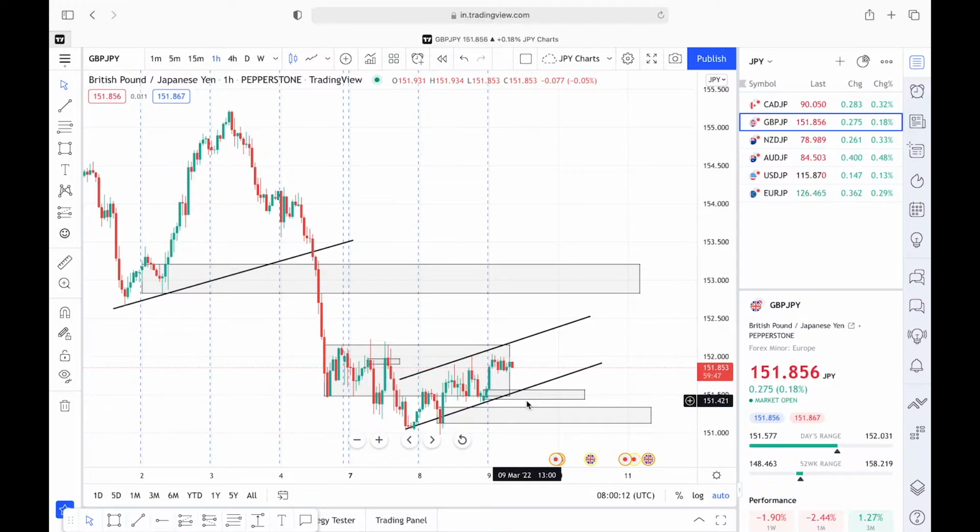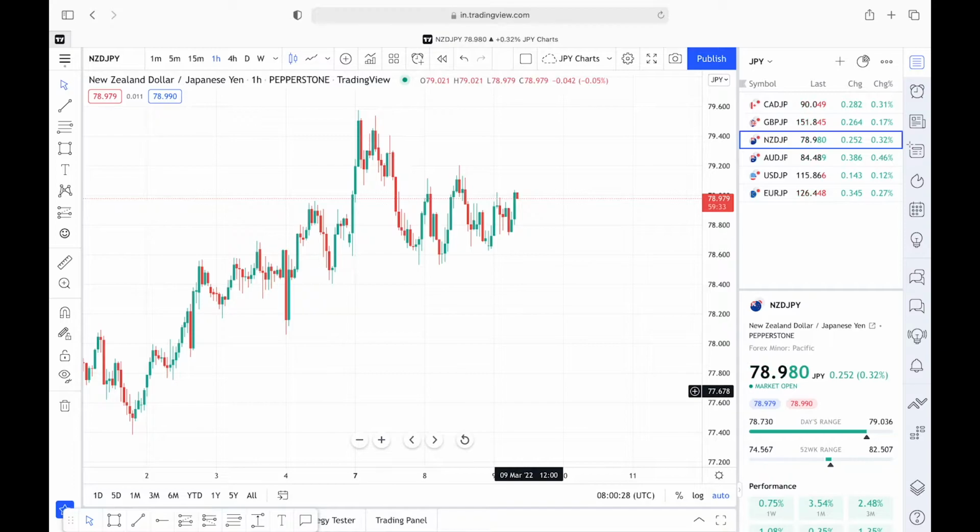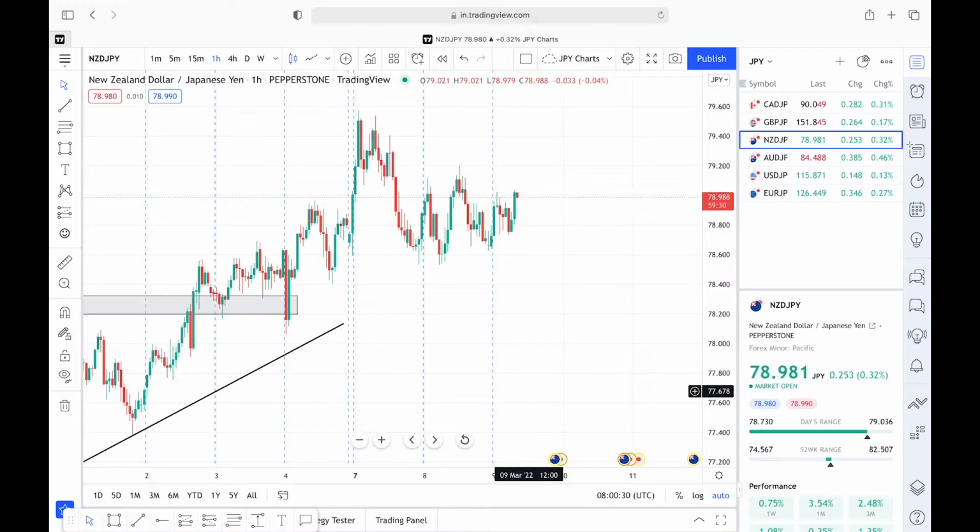If the market closes above here, comes down to pick order from this very level, I will put in my buy limit. So, welcome back. I just had to attend to something.